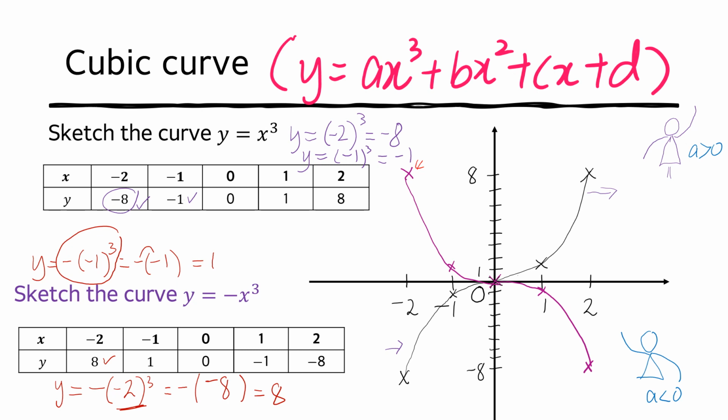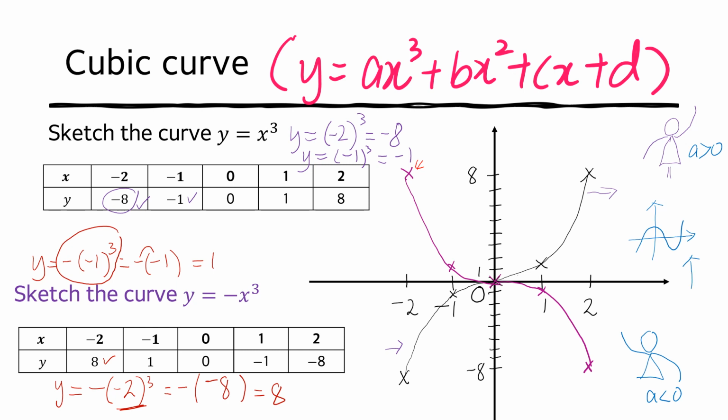Of course, there are other possible shapes. In this case, y equals x cubed, when x is 0, y equals 0. There's only one x-intercept. What happens if you can have more x-intercepts? Then your cubic curve may look like this. That is 3 x-intercepts.